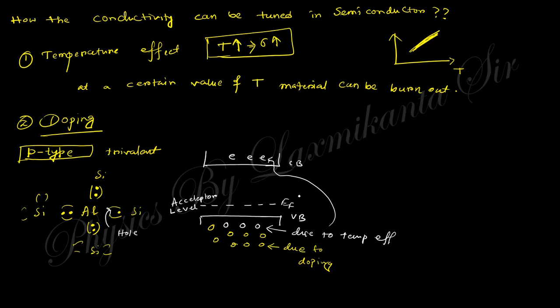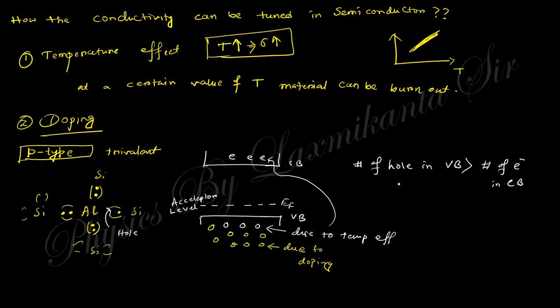Now here you can say the number of holes is greater than the number of electrons. So the number of holes in the valence band is greater than the number of electrons in the conduction band.